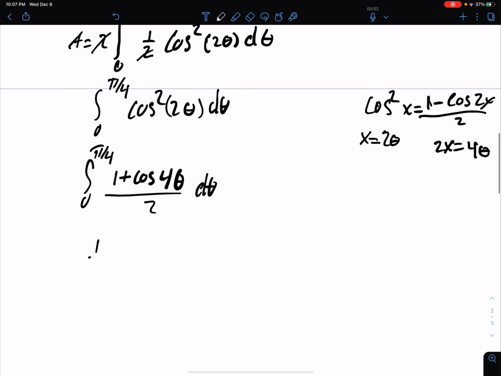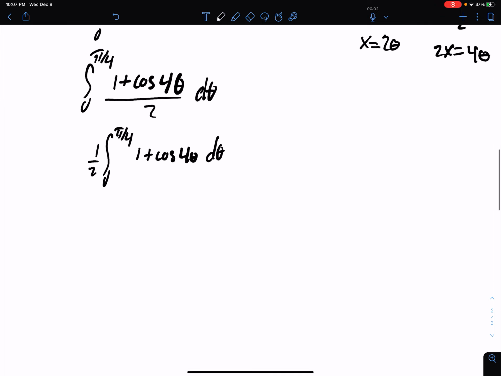We can take out the half. And now we can just integrate normally.